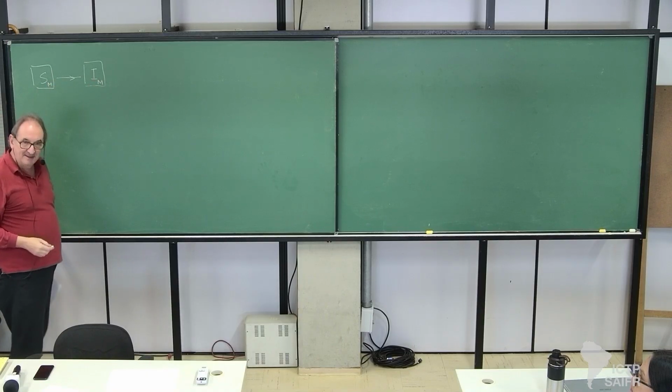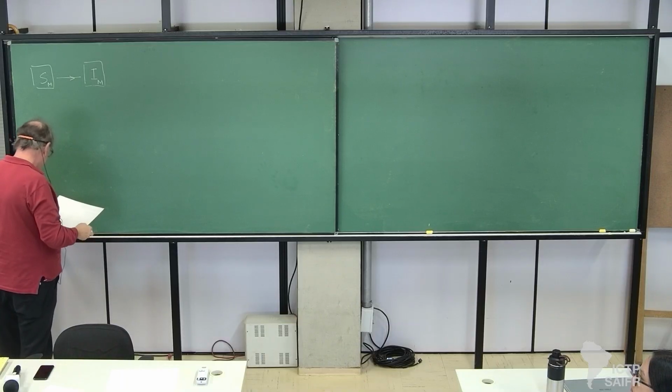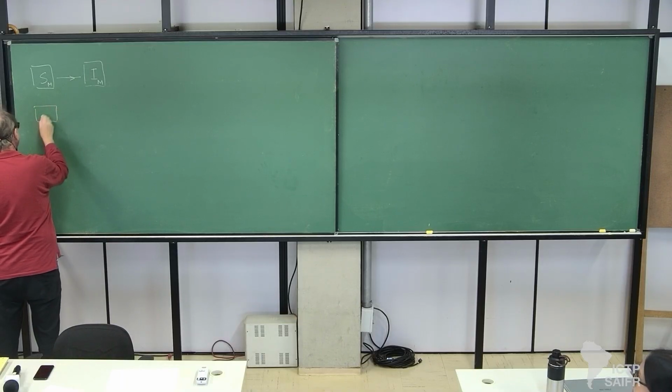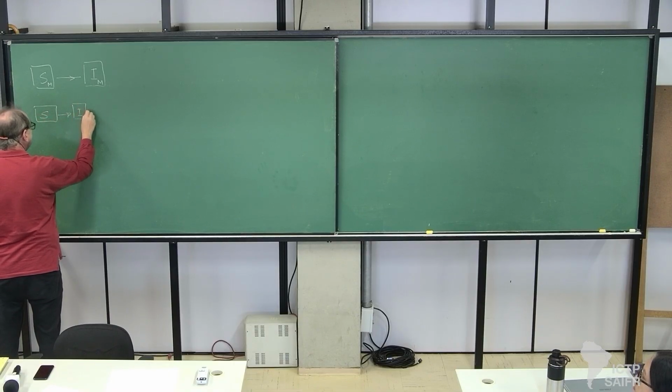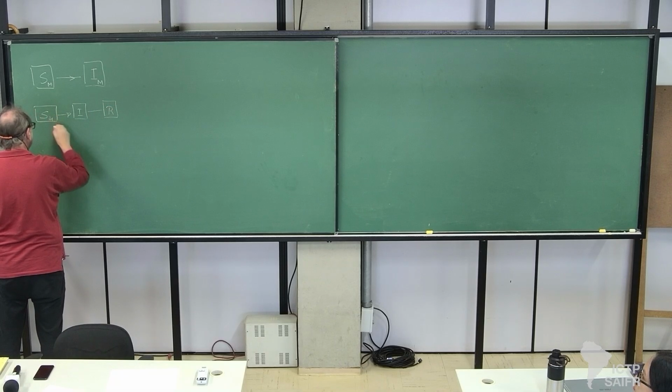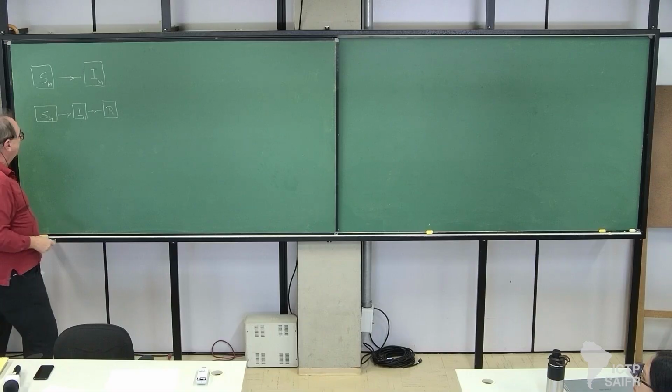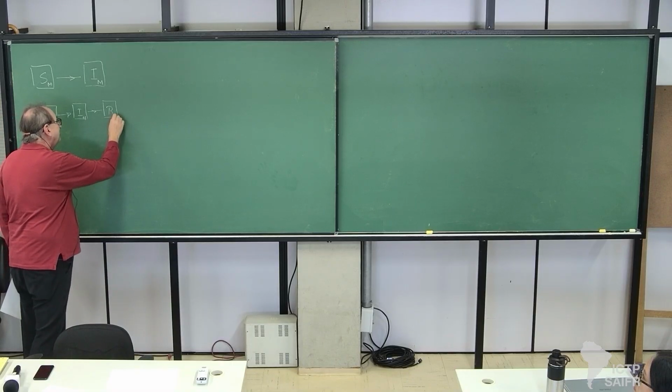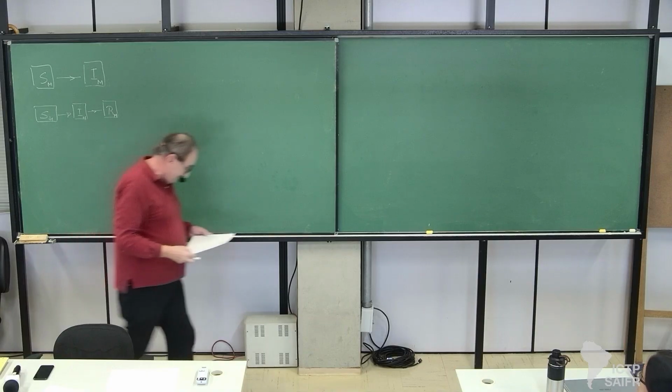I put an index M for mosquitoes, and susceptible, infected, and recovered humans. I put an M here for consistency, although there is no need.